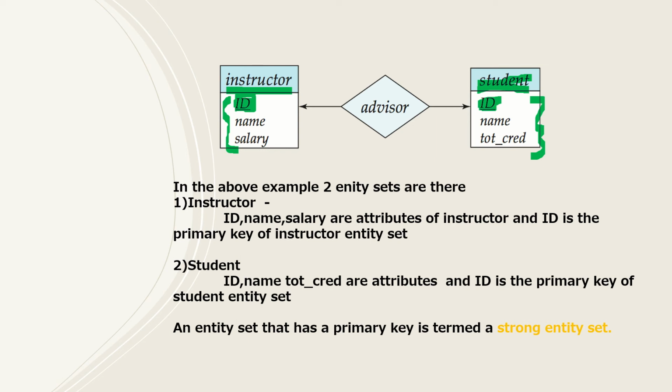So here we took two entity sets. The first one is the instructor with these three attributes, in which instructor ID is set as the primary key for this entity set. And the student contains these three attributes, and here also the student ID is set as the primary key.